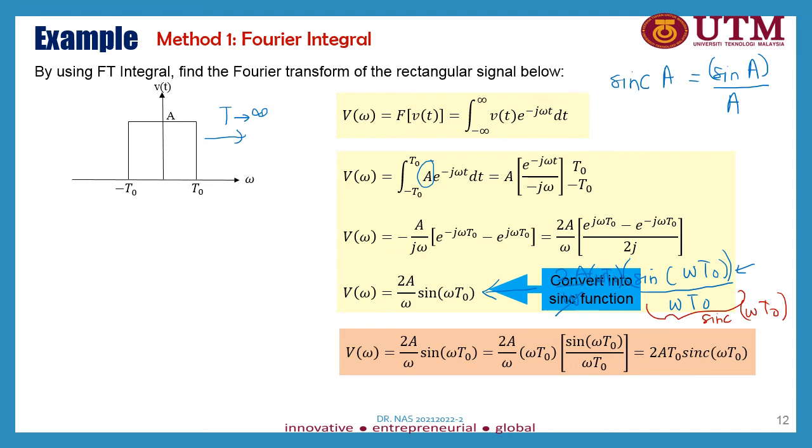Okay, so you introduce this, so you need to multiply with the same function. So this represents the Sinc function. So the coefficient or the magnitude is 2A t naught as you simplify the omega.